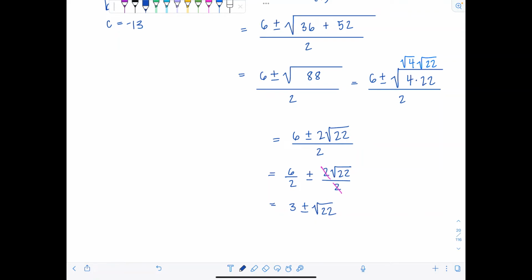That's one way. Other way, factor out a common factor from the numerator, the greatest common factor. I can take out a 2, and then I'm left with 3 plus or minus rad 22 over 2. Cancel, cancel. And then this is the same thing that we got here.